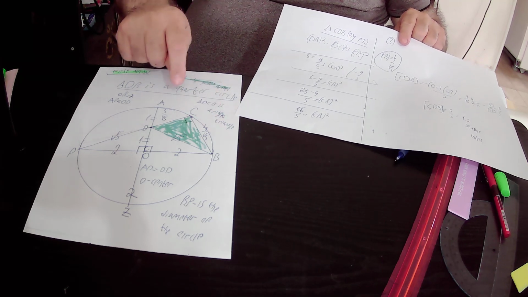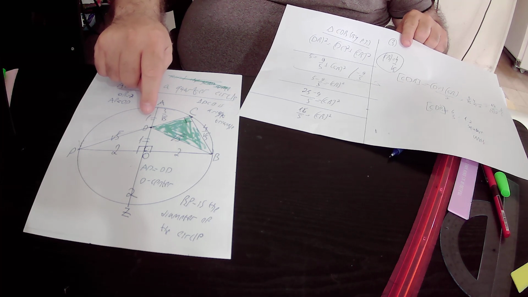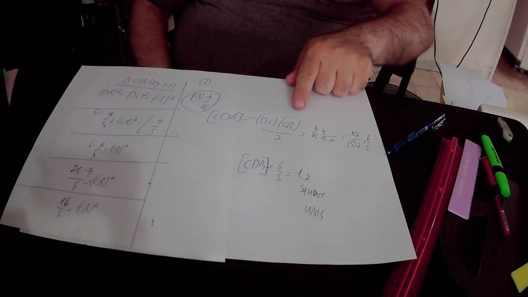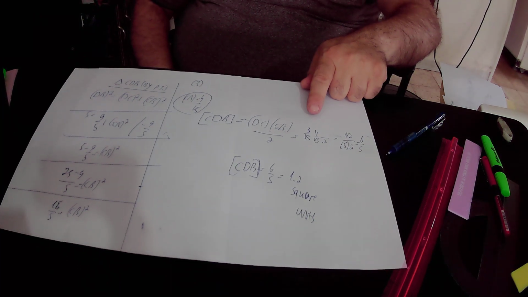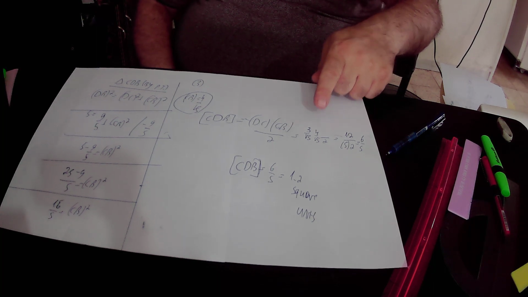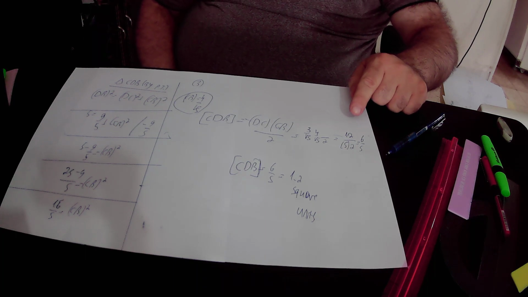Now the area of this blue triangle will be equal to the base of the triangle, that is DC, times the height to the base, that is CB, over 2. DC is 3 over square root of 5 units. CB is 4 over square root of 5 units, all divided by 2. 3 times 4 is 12.